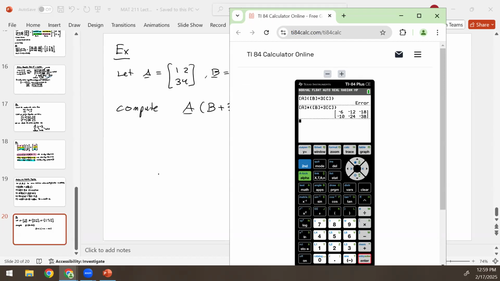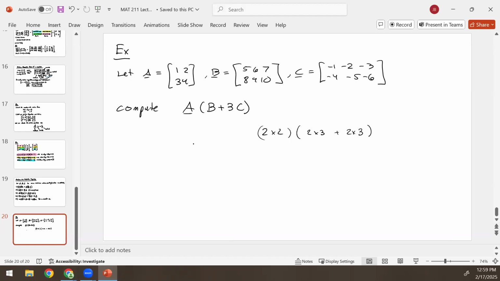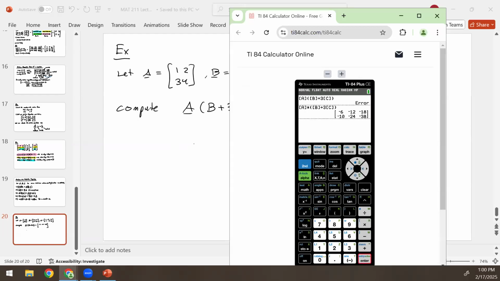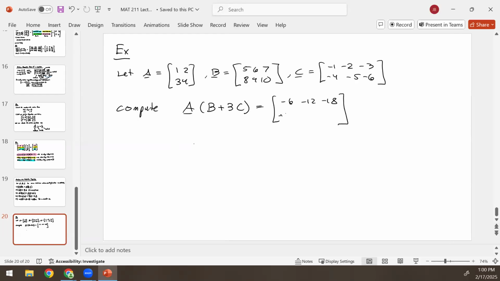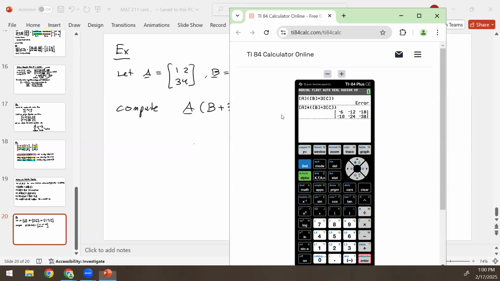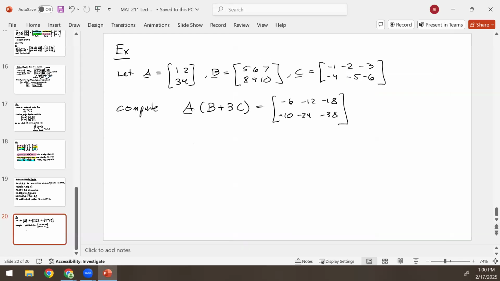So let's write that down. -6, -12, -18. And then -10, -24, and then -38. So on the calculator, you need your multiplication symbol.